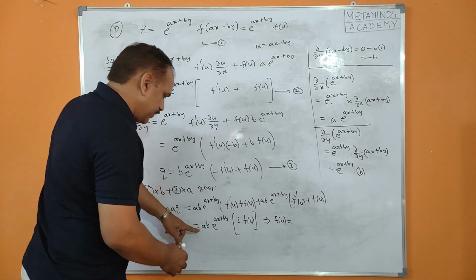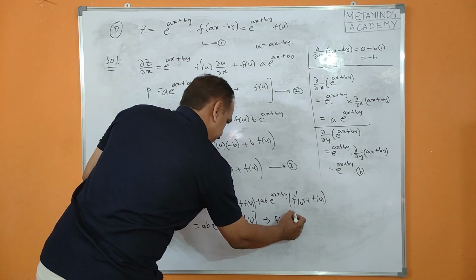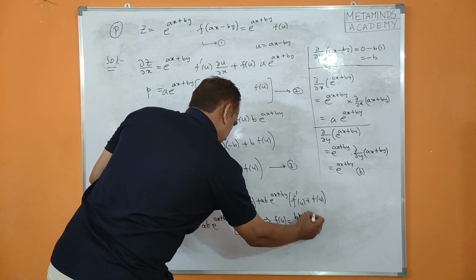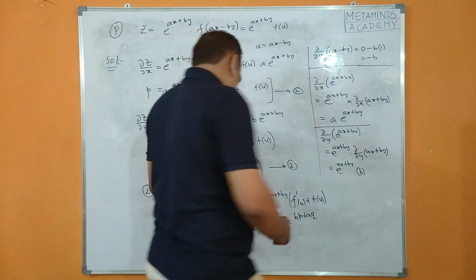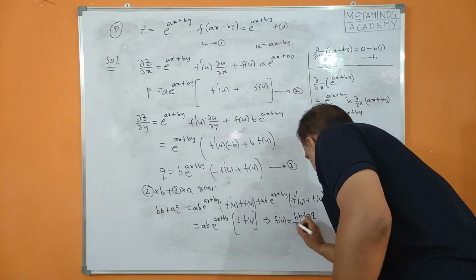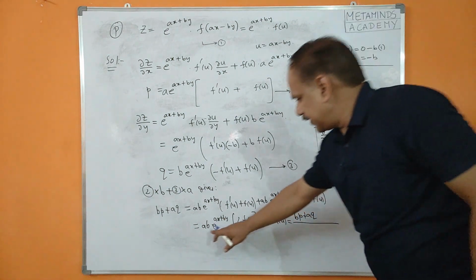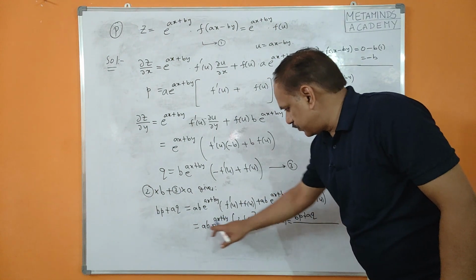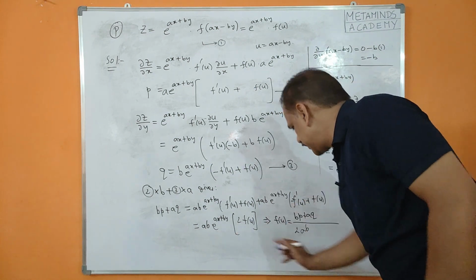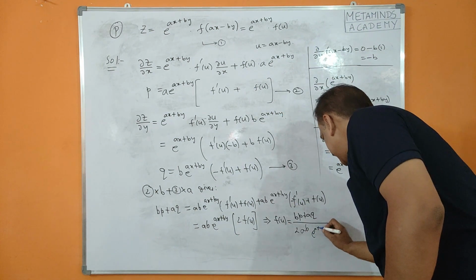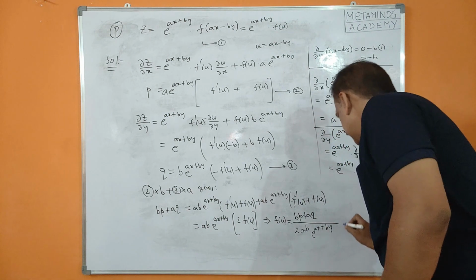So f of u equal to bp plus aq divided by 2ab into e power ax plus by.